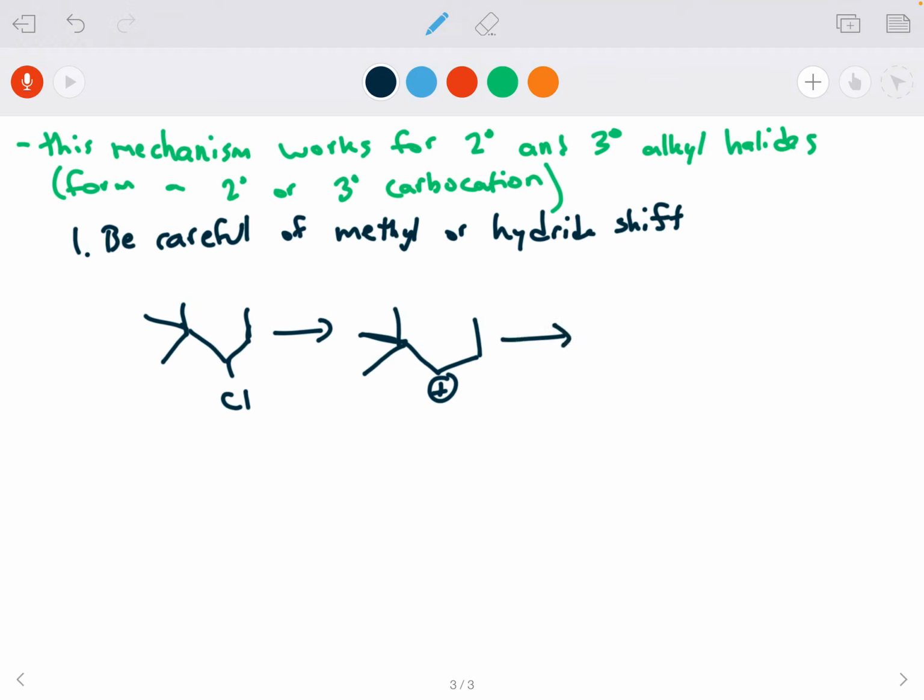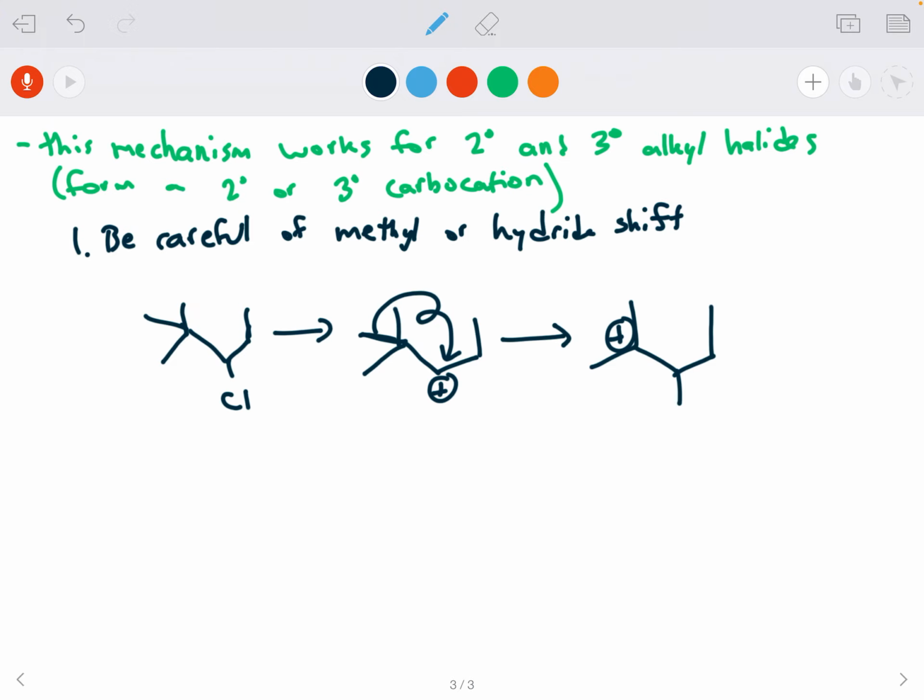I have to be careful that I don't get a methyl shift and end up getting that. The methyl shift would happen because now I can have a tertiary carbocation instead of a secondary one, which is more stable. So you have to be careful that the substrate you're using with the alkyl chloride isn't able to undergo either this methyl or this hydride shift.